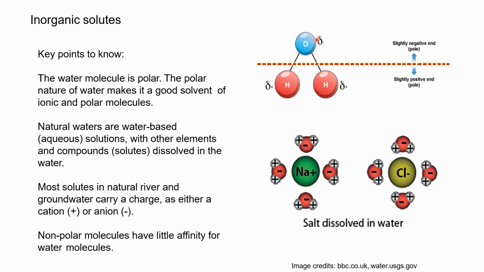The example for that that's given below is salt dissolved in water. Salt is sodium chloride. There's the sodium, Na+, and here is the chloride, Cl-. As salt, the sodium and the chloride are combined as one molecule, sodium chloride, and the charges, the one positive charge on the sodium and the one negative charge on the chloride, balance, forming salt.